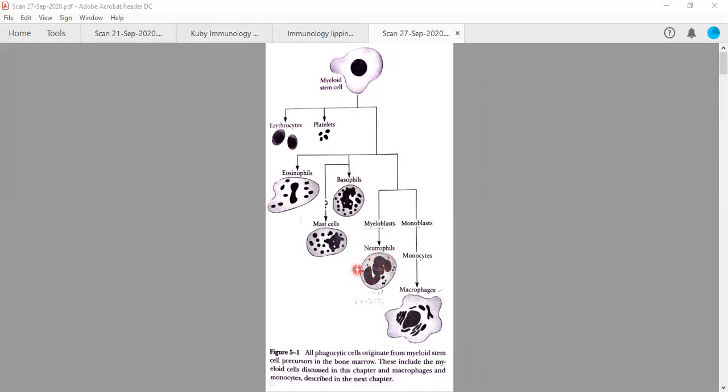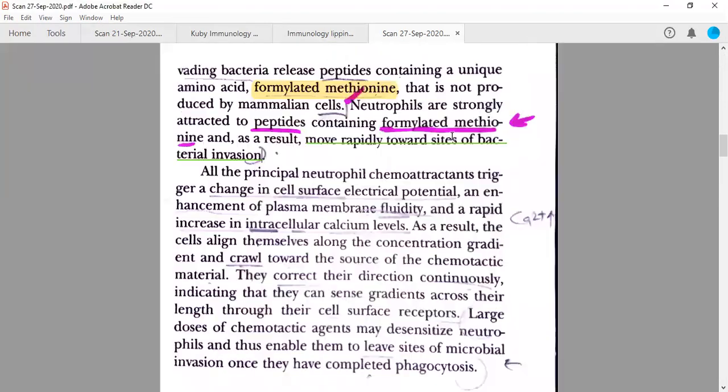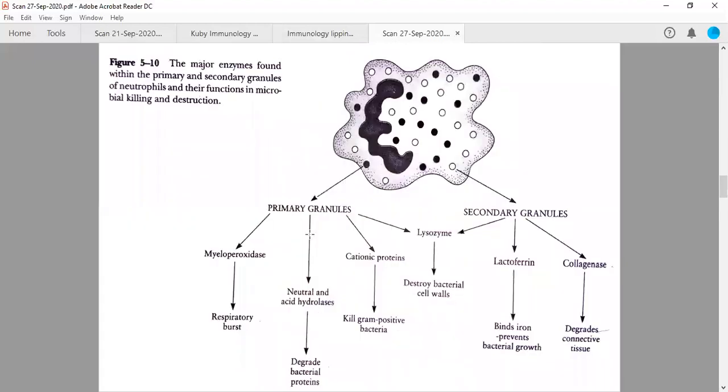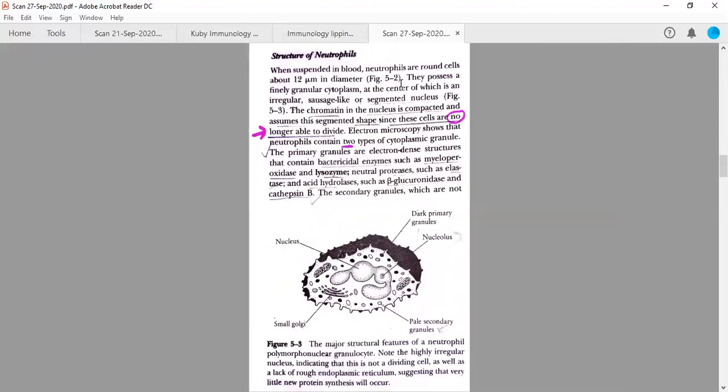They will not be able to divide to make new cells, right? There is no mechanism by which they can divide. Therefore, they have a fixed life. The chromatin in the nucleus is compacted and assumes this segmented shape since these cells are no longer able to divide.